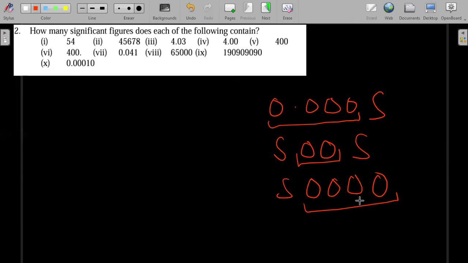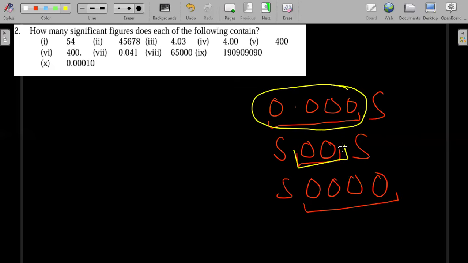So we said all non-zero digits are significant. And then we said if a zero is a leading zero, like the way it is here, we do not consider it as significant. We are not going to count that zero as significant if it's a leading zero, always. Leading zeros are not significant. And then we said captive zeros are always significant.